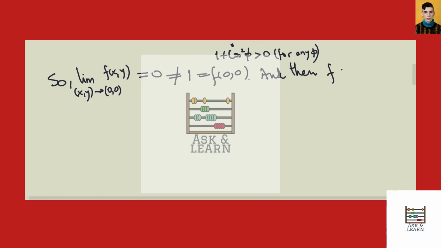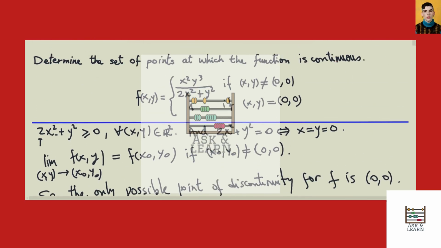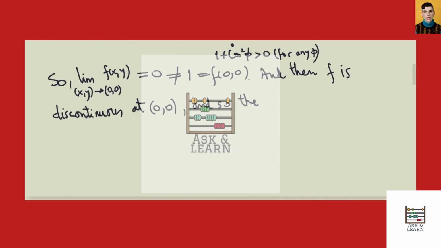Then f is discontinuous at the origin. And so the set of points in which the function is continuous is the whole plane minus the origin.